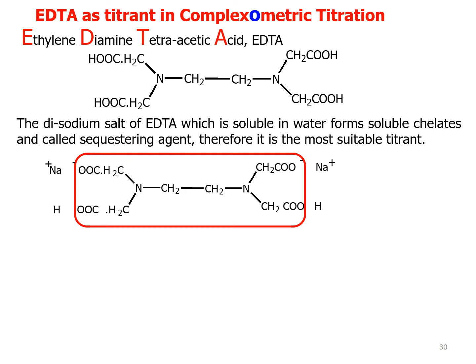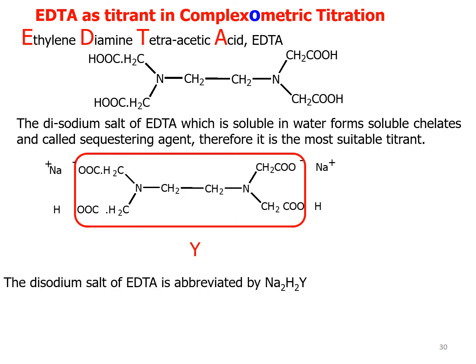You do not need to memorize the structure of EDTA. However, to simplify things, this bulky part of the structure we abbreviate by Y. So the disodium salt of EDTA is abbreviated by sodium, hydrogen, and Y. A commercial name of the EDTA is Complexone 3.